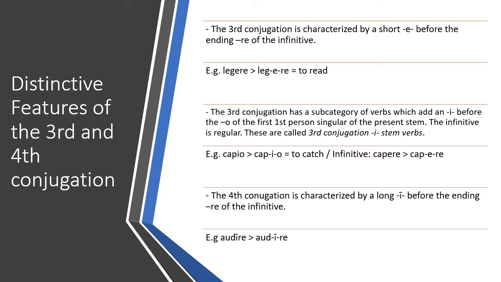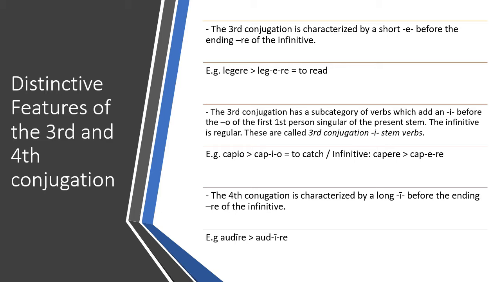The third conjugation has a subcategory of verbs which add an i before the o of the first person singular of the present stem, while the infinitive is regular. So basically it adds an i in the form of the first principal part. These are called third conjugation i-stem verbs. For example, the verb that I chose as an example is capere. As you can see, the infinitive is regular, like the regular infinitive of the third conjugation.